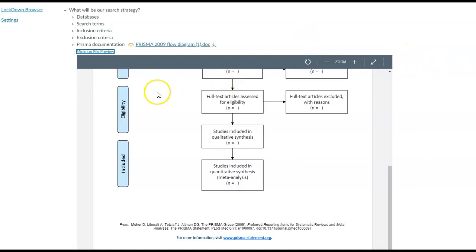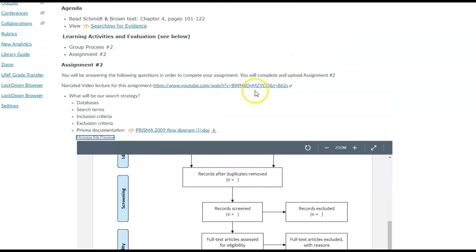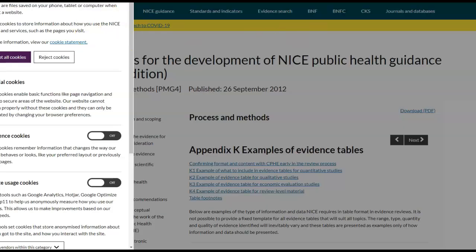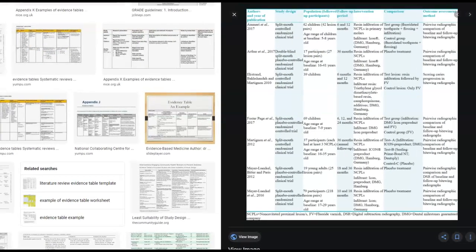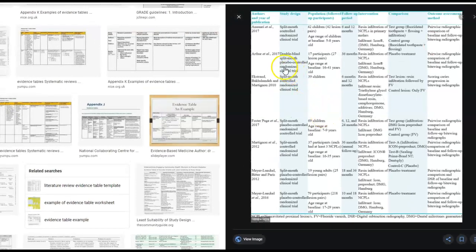And when you're doing this, you need to keep track of what you're doing. So you need a small evidence table. Now, this person has a good evidence table right here. I'm going to move this over so you can see it. And all it is is just a summary of what you found. So we can see that this person said, here's the author, the year of publication, and then you can put your publication in here.